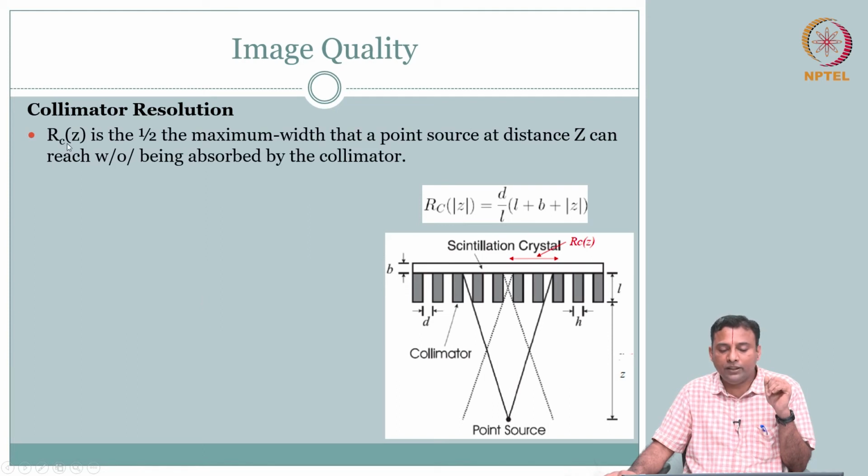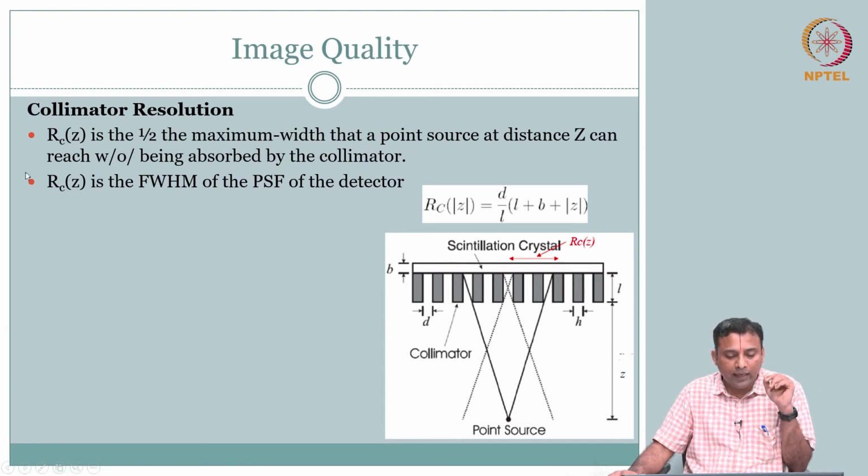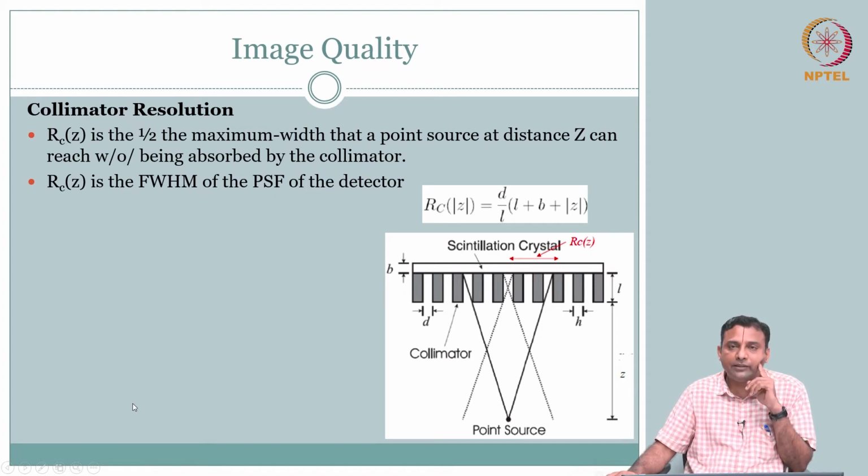So, RC of Z is nothing but your full width at half maximum, the maximum width of a point source at distance Z, without being absorbed by the collimator. So, it can go through. So, this is the full width at half maximum of the point spread function of the detector. But what is important here? You notice this RC, or resolution, is a function of Z. What does that tell you?